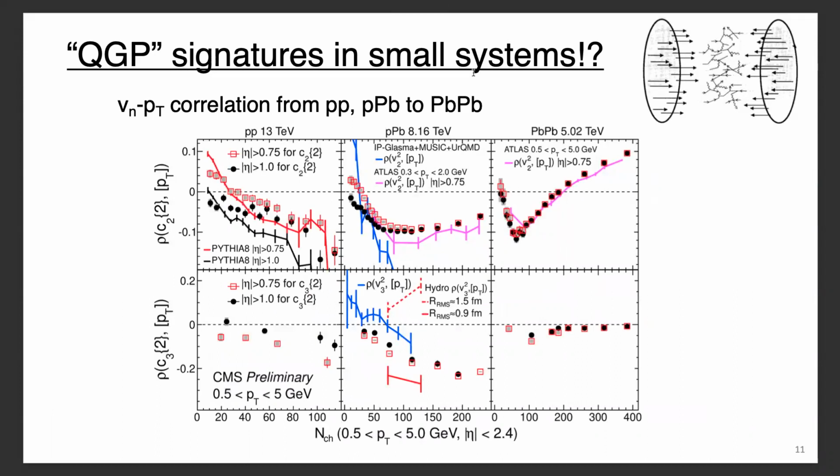This is a little more technical plot, but I want to mention it since in the last week we talked about this vn-pT correlation, right? How you constrain the nuclear deformation. So we also measure this in small systems from pp, pPb, and PbPb, where you see that in PbPb, this is also measured by ATLAS to much higher multiplicity.